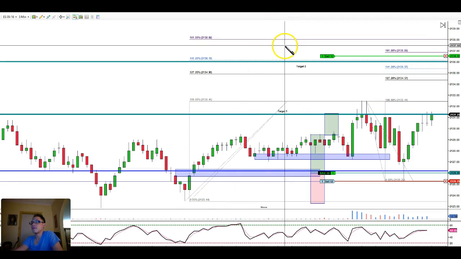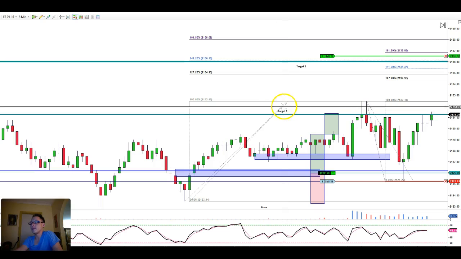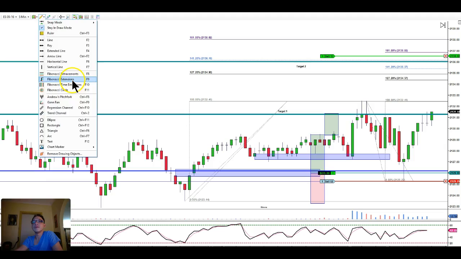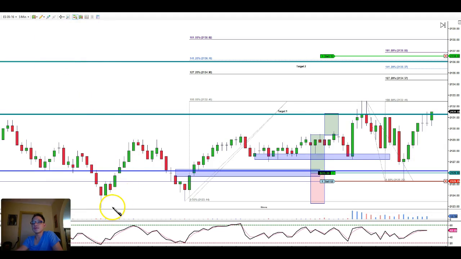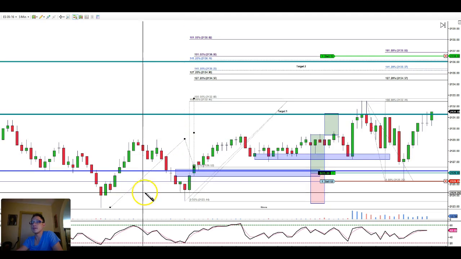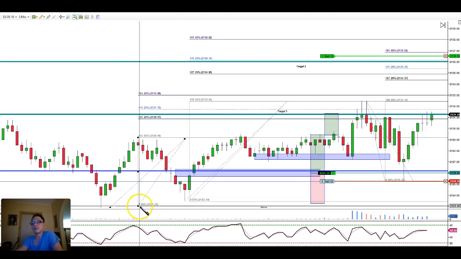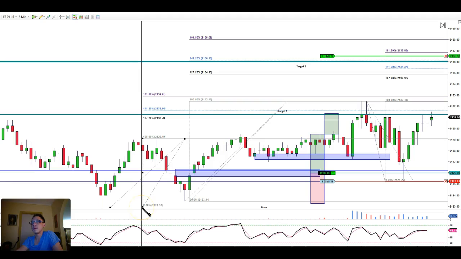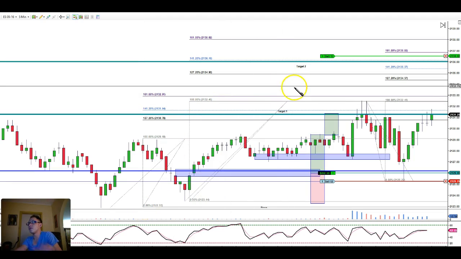It's got the 161 up there, but that's probably too high for me. So I'll try another one. Like I said, this is a day trade, a scalp trade, so I don't really want to be holding this for too long. I want to be either in or out in the next hour or so. So I could have target 2s there, but I'll probably look for a bit more than that.